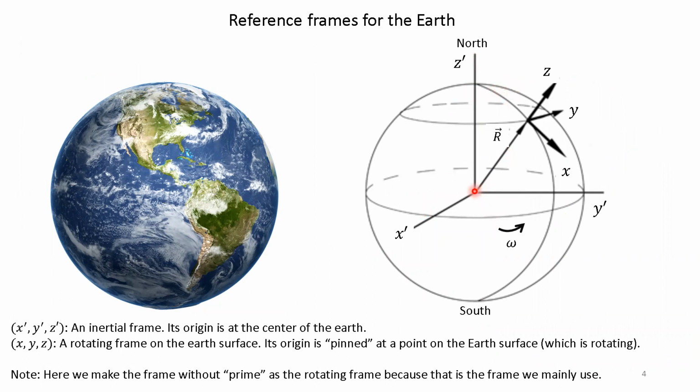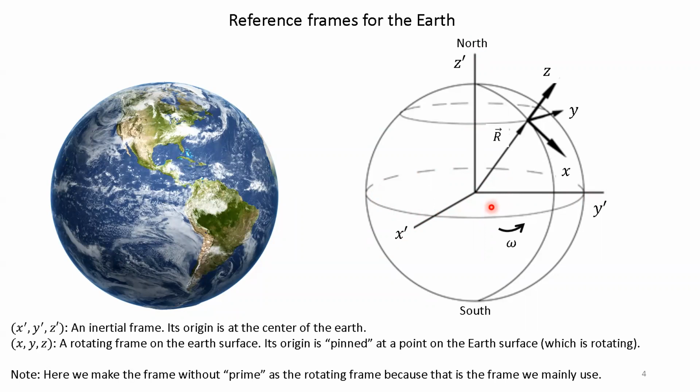The origin of the fixed frame is right at the center of the Earth, and the z-axis points to the North Pole, and then the x and y axes are along the plane of the equator.